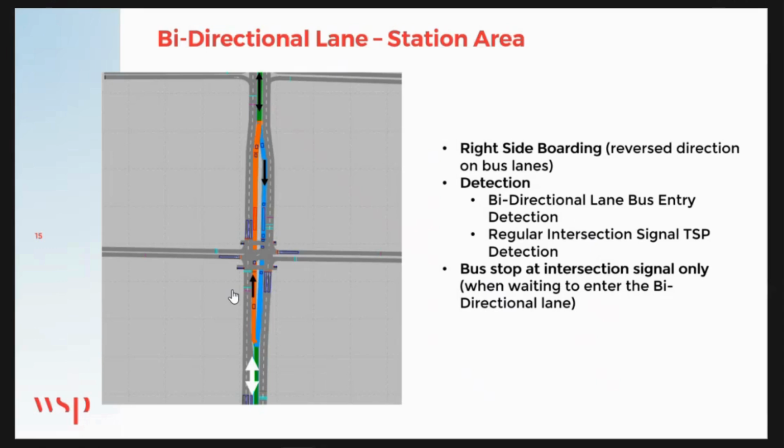You need a detection to make sure there's no conflict before a bus can go. The other detection is wherever you have TSP at your regular traffic intersection, you want to have a detection for that. And the other feature is that we are not introducing extra stops in between. We want the bus to dwell either at the station area or at the regular stop bar.